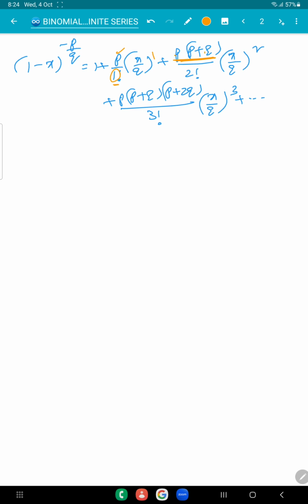If two numbers are there, it is by 2 factorial, and the power is 2. Similarly, the next term of the AP is p plus 2q. With 3 terms, it is by 3 factorial, and the power is 3. We have to observe like that. If you observe like that, you can adjust the terms in the questions easily. That is the important thing.